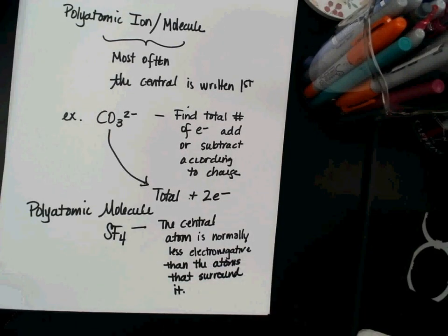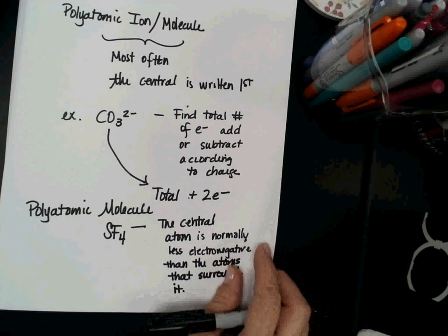And if I look at that, would you agree that sulfur is less electronegative than fluorine? Yeah, we should know that because fluorine is what? What's true about fluorine? What'd you say, Kira? It's most electronegative. Most electronegative element on the periodic table. So that should be an easy one to figure out.